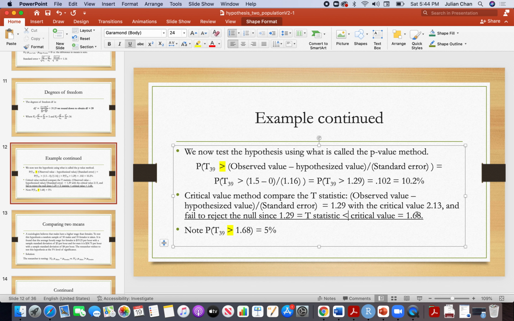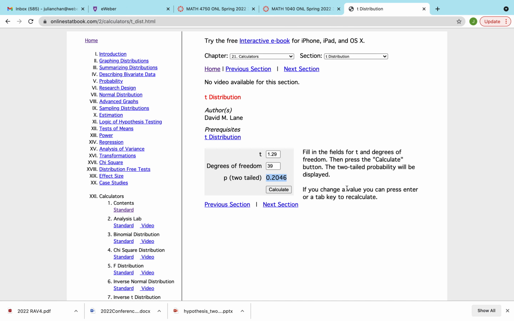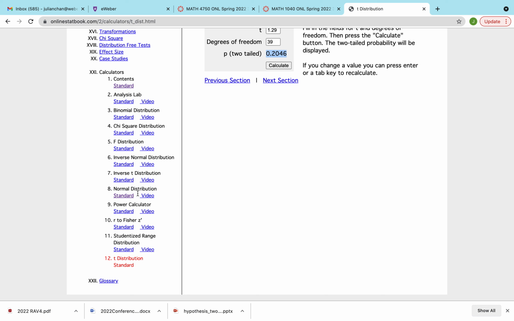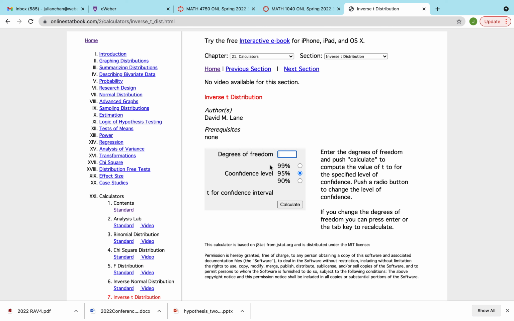Let me show you how we get this critical value of 1.68. So I have a t-distribution, and we're going to go to the inverse t-distribution, and it asks for a 5% level of significance.